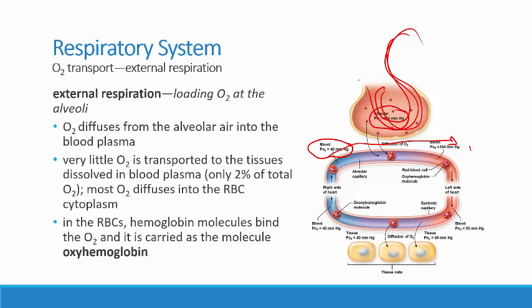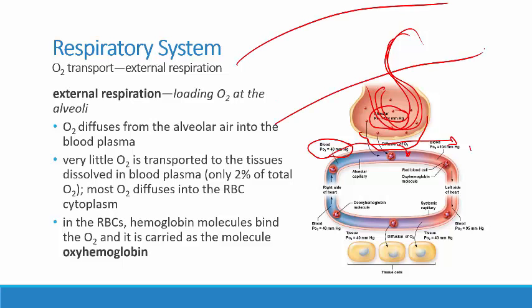Now, the first place that the oxygen goes, because remember, they're not showing it here, but there's direct contact between these two membranes, is straight into the plasma of the blood, but that's not where it stops. So if this is the blood vessel, and here is a red blood cell, some more red blood cells, the oxygen makes its way into the plasma first, but then it diffuses right on into the red blood cells.